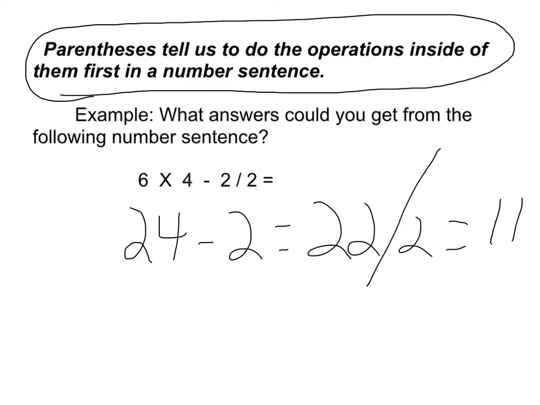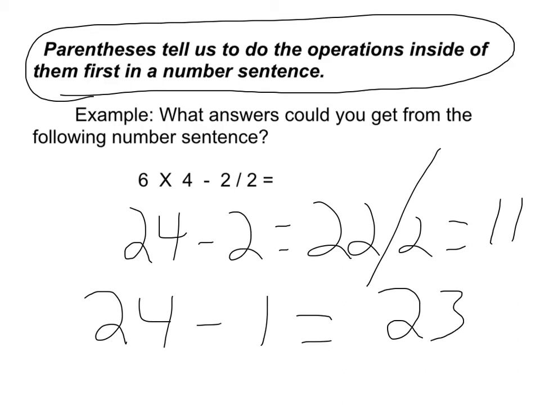If I've been listening to what was said based on the order of operations, I would do 6 times 4 first, that would give me 24. Then I would do 2 divided by 2, which would give me 1. Then I would go 24 minus 1, and another possible answer I could have is 23. As you can see, without parentheses, it's difficult to come up with the same or correct answer.